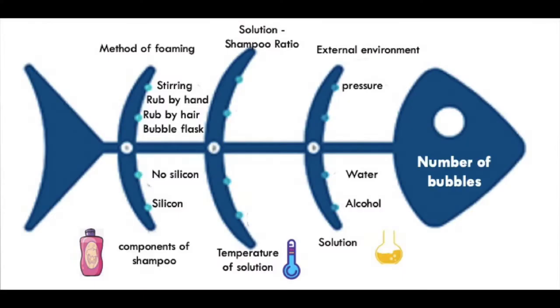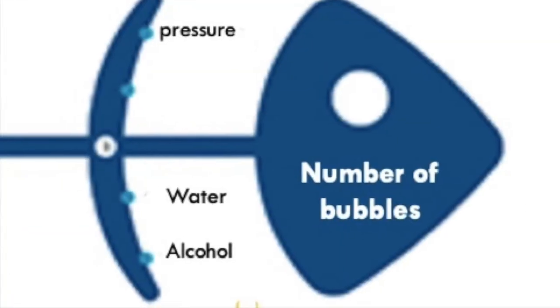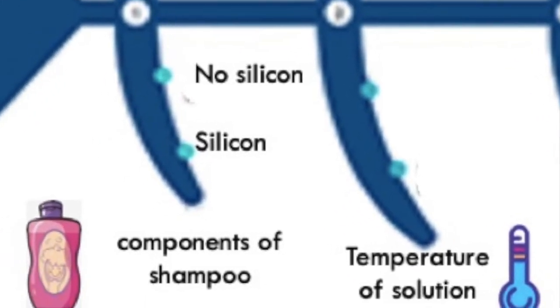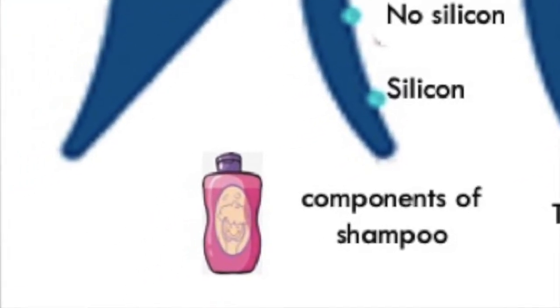Then, in the analysis stage, after determining the critical point, capital Y, and measurement method, we move on to analysis stage. We use cause and effect diagram to interpret the potential elements that influence the amount of the bubble. Firstly, the shampoo itself, that is, the chemical components of a shampoo.